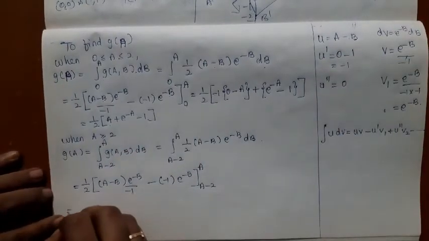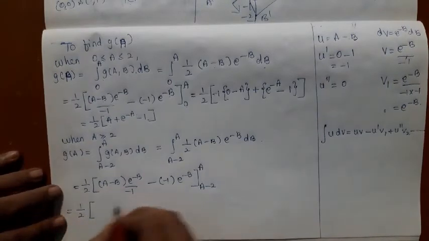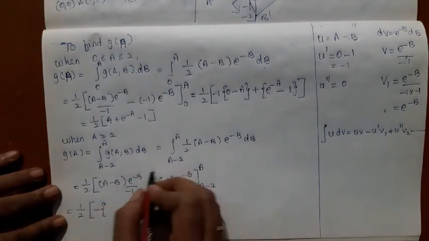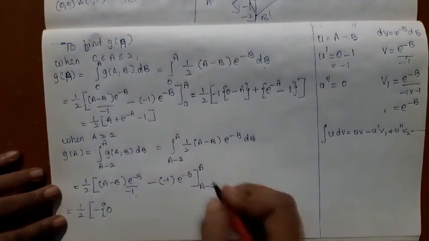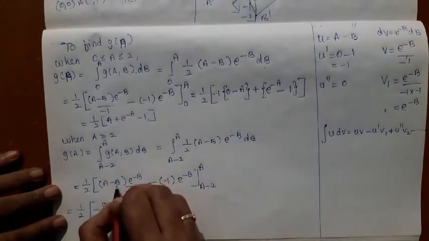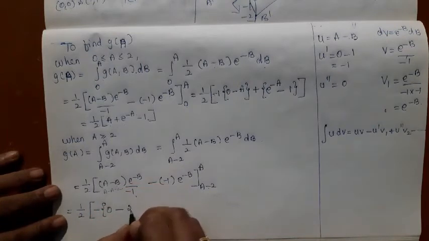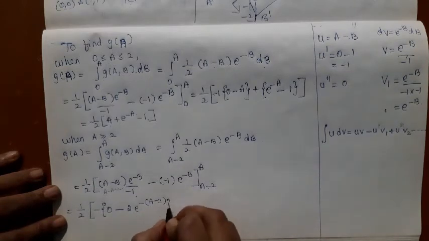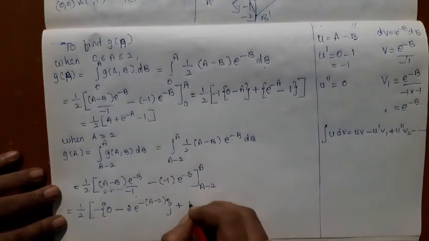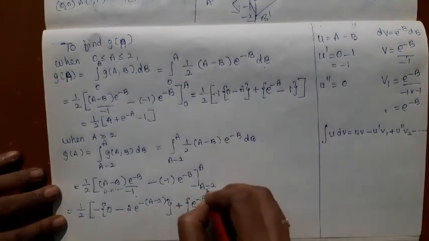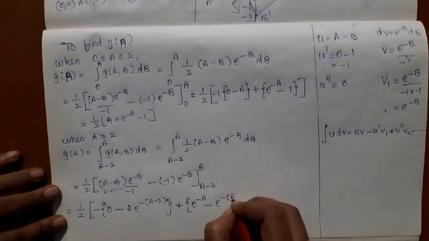Let us come here. Let us substitute the upper limit. Minus is taken outside. Okay. Put the upper limit for b as a: a minus a becomes 0, and 0 into anything becomes 0. Minus, put the lower limit for b as a minus 2. a minus a plus 2. a gets cancelled. You have 2, e power minus a minus 2. Okay. That's all. Minus into minus is plus. Put the upper limit for b as a, minus the lower limit, which is e power minus a minus 2.